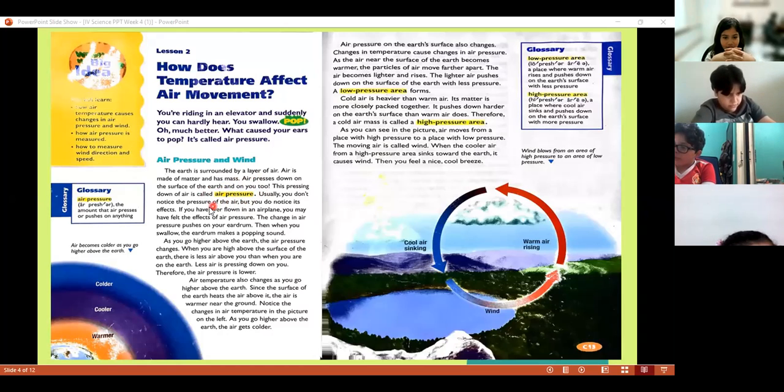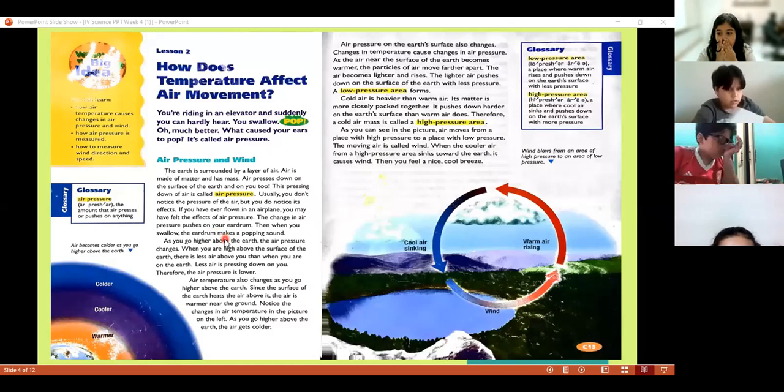Usually, you don't notice the pressure of the air, but you do notice its effects. If you have ever flown in an airplane, you may have felt the effect of the air pressure. The change in the air pressure puts pressure on your eardrum. Then when you swallow, the eardrum makes a popping sound.